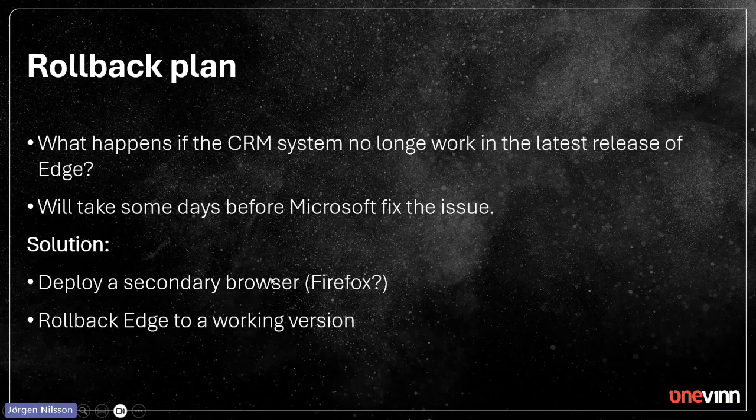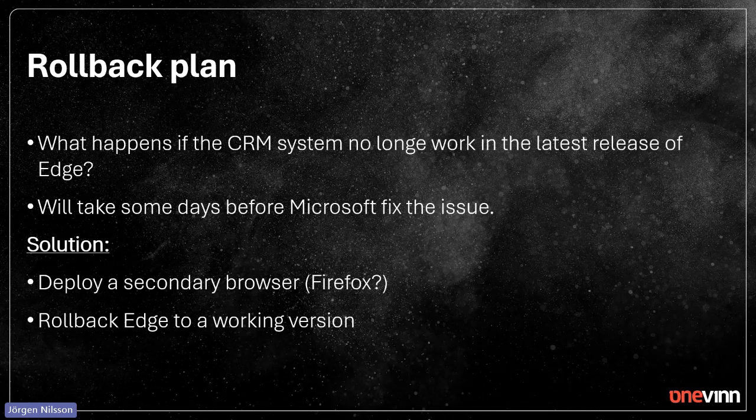So if we go back again to Edge and security, what happens if our CRM system no longer works in the latest release of Edge? Microsoft acknowledges it and says, well, your support ticket, we know, we'll fix this in 3 days. So we have two options, and this is something that all Edge admins should try as well.